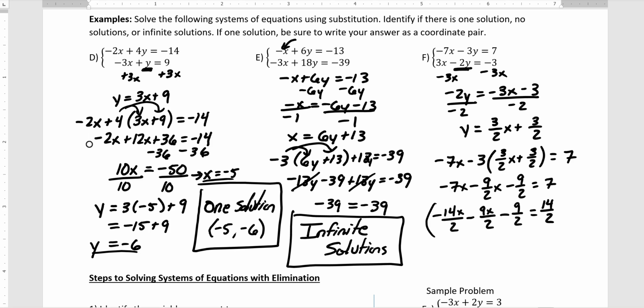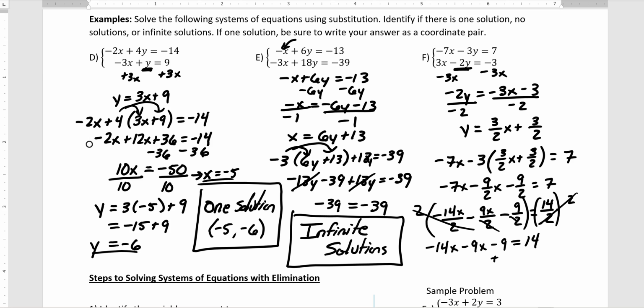And then I can multiply everything by 2, and we'll get rid of the fractions that way. So I have negative 14x minus 9x minus 9 equals 14.